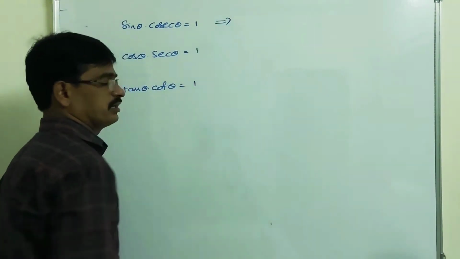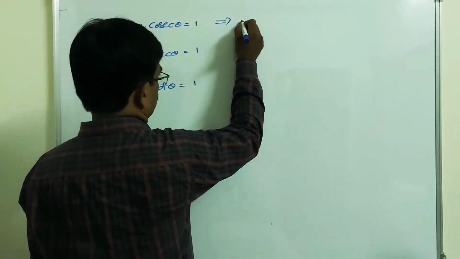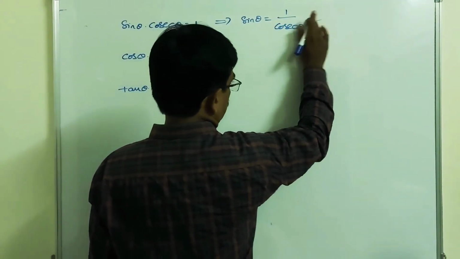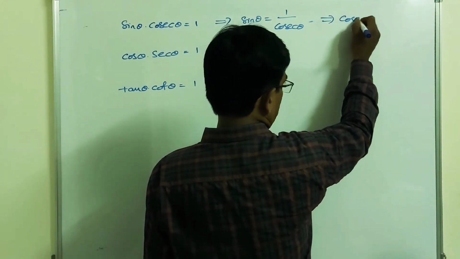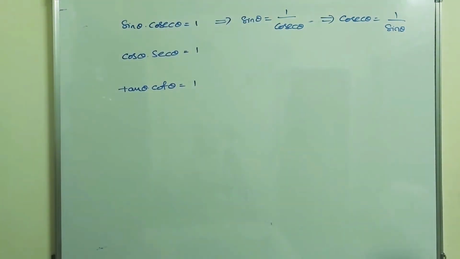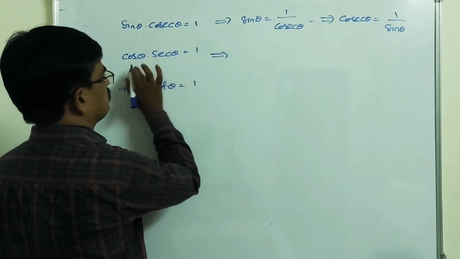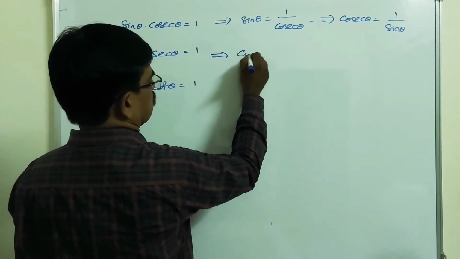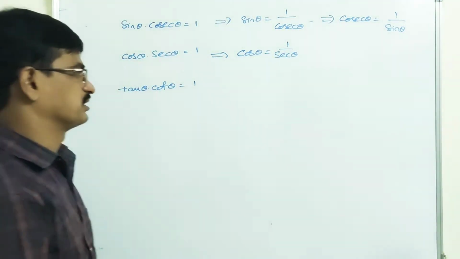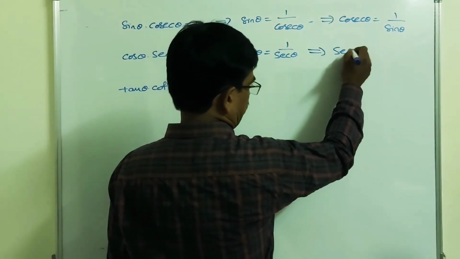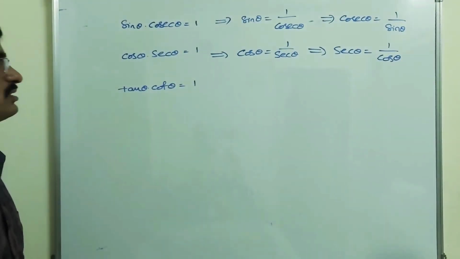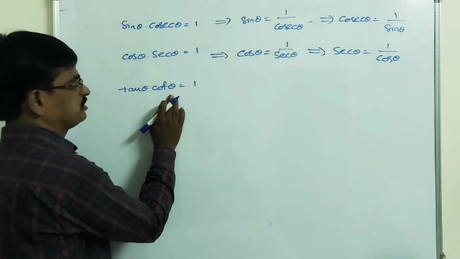This you can write in different ways. That is, sin theta is equal to 1 by cosecant theta. Cosecant theta is equal to 1 by sin theta. Here, cos theta into secant theta is equal to 1. Make cos theta the subject, then cos theta is equal to 1 by secant theta. Implies secant theta is equal to 1 by cos theta.